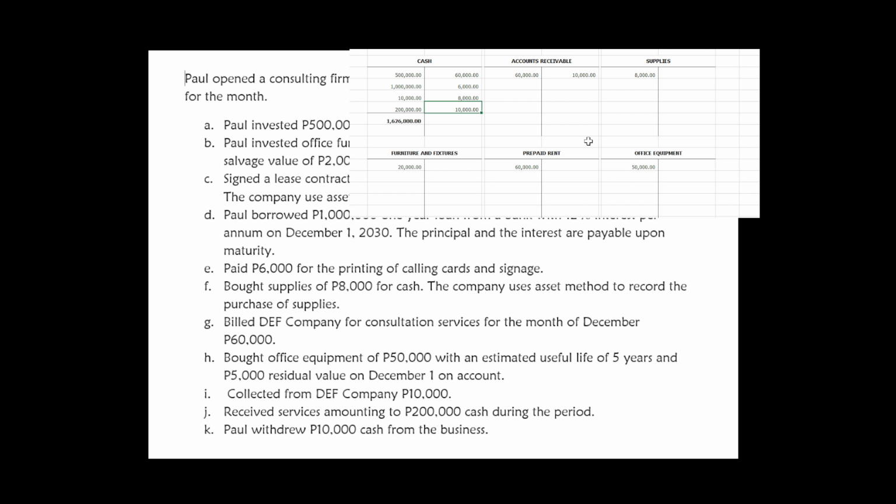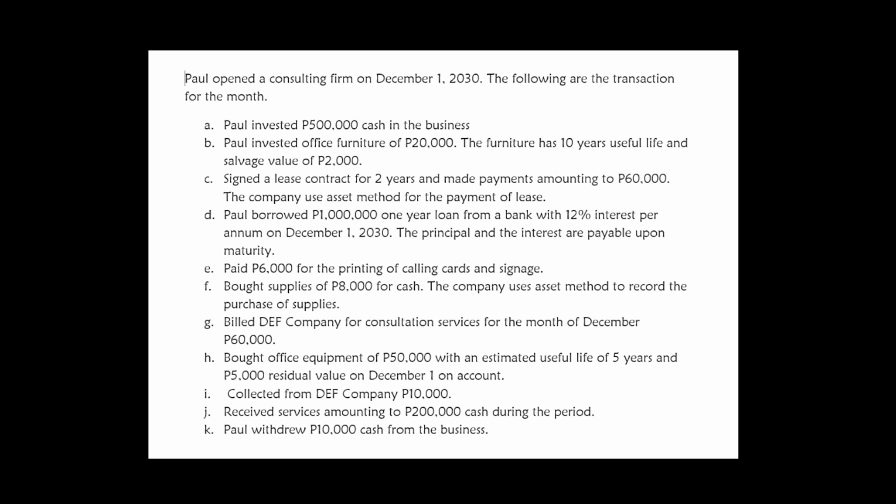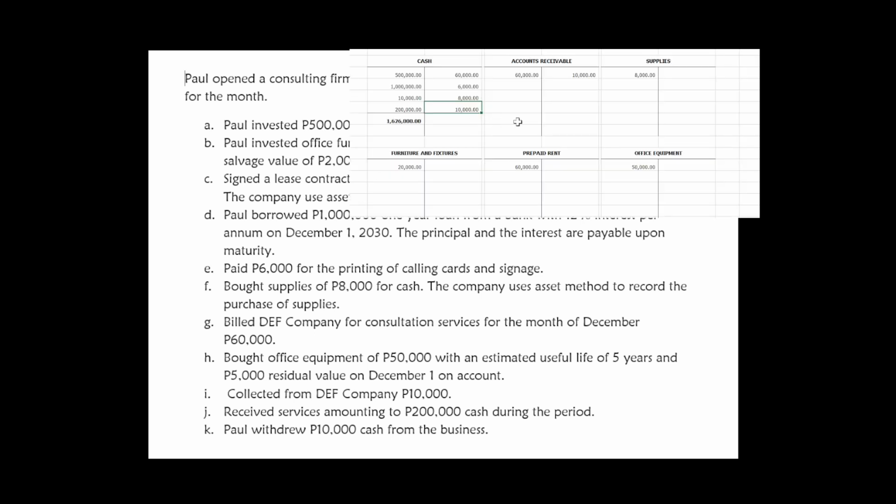Ito na siya. So, yung question sa atin is, magkano daw yung ating debit balance in the unadjusted trial balance? So, ang gagawin natin, i-sum up natin lahat ng ating na post. So, for example, yung ating AR, meron lang tayong 50,000. And then yung supplies natin, meron tayong 8,000.